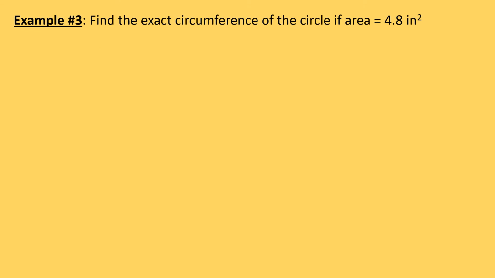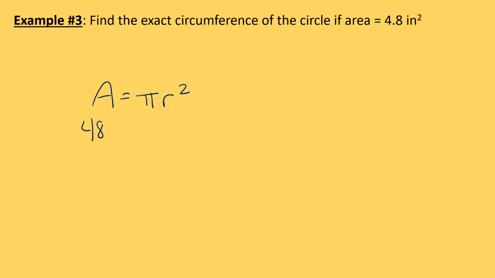Okay, so example 3. It says find the exact circumference of a circle if the area is 4.8 inches squared. So first of all, they have given me area. So I know that area is pi times r squared.